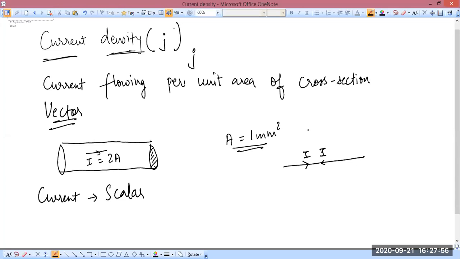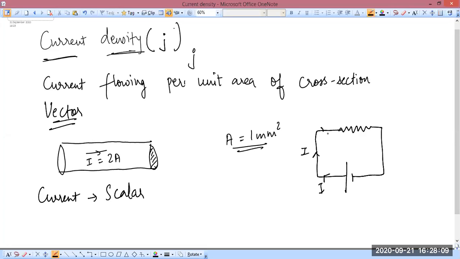So current does have a direction. I'm sure you have seen that when you did such things in 10th standard, you used to say that current flows from here like this. Agreed? Do you remember that? So current also has a direction, but still current is a scalar.